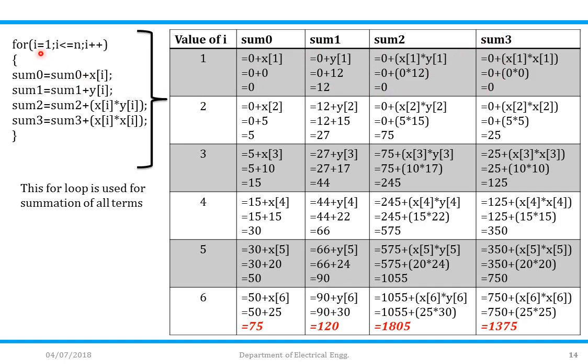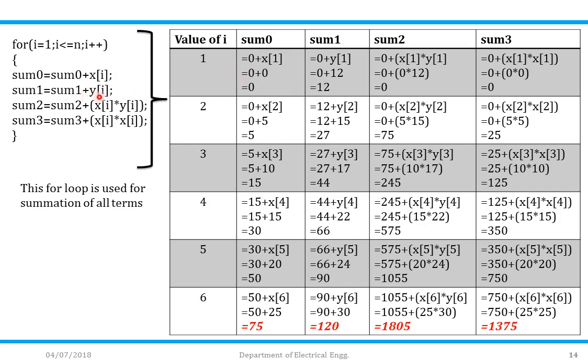Now when i becomes 2, again sum0 equals sum0 plus x of i. Now at the end of the first iteration, sum0 is 0, so this value is written here, 0 plus, and i is 2, so x of 2. x of 2 is 5 from the table, so the answer for sum0 becomes 5. Similarly, for sum1, in iteration number 1, the answer was 12.